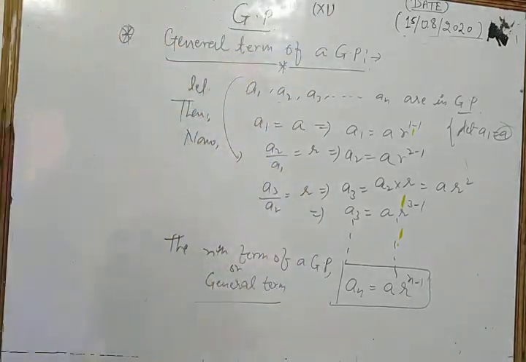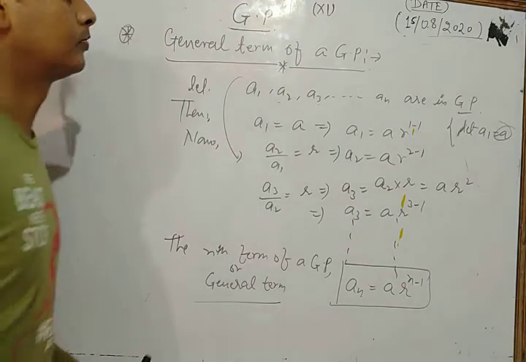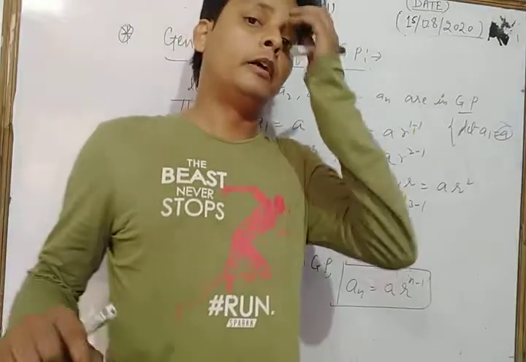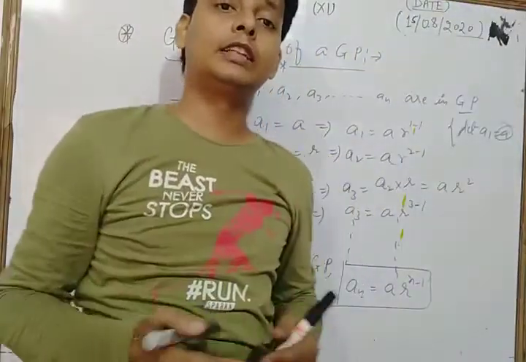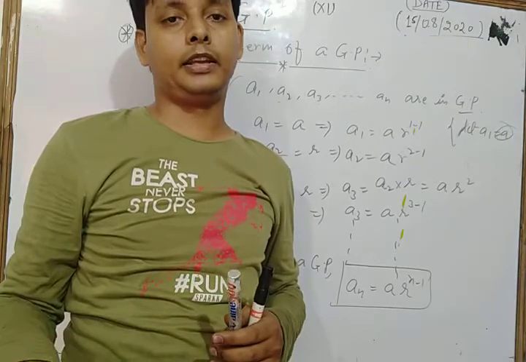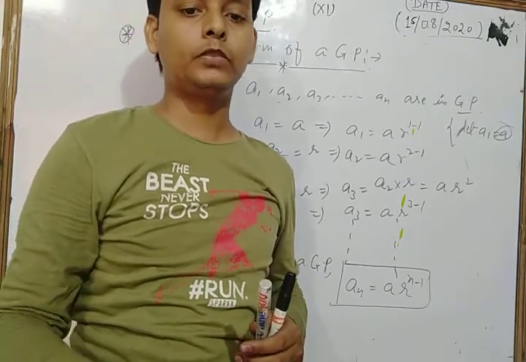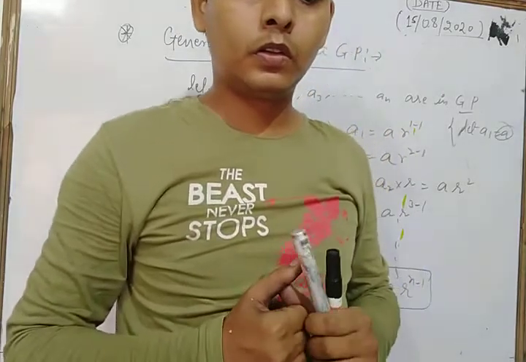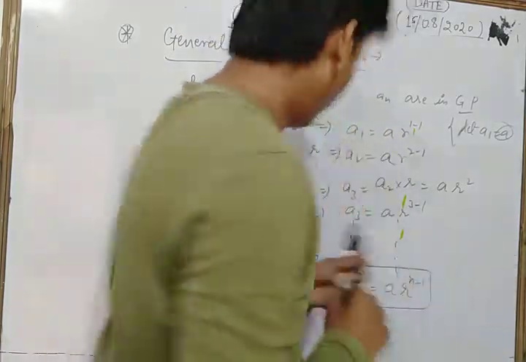Okay, A R to the power n minus 1. This is the formula to find the general term of a GP.